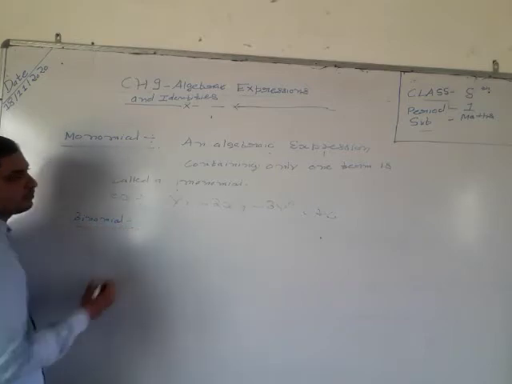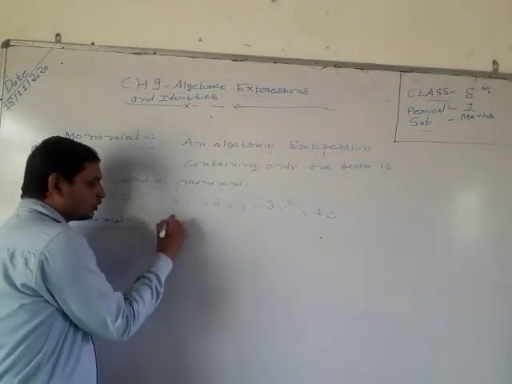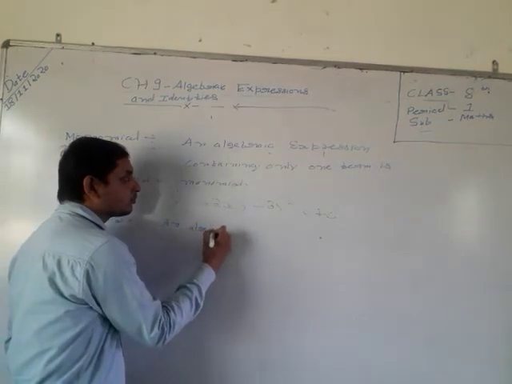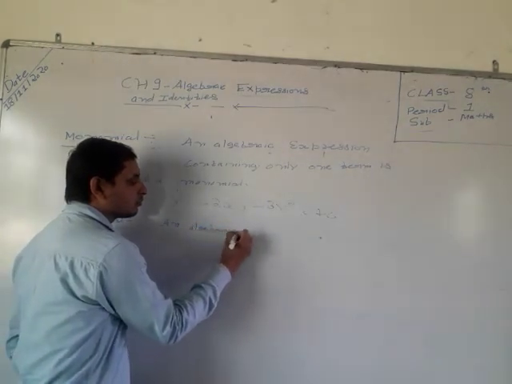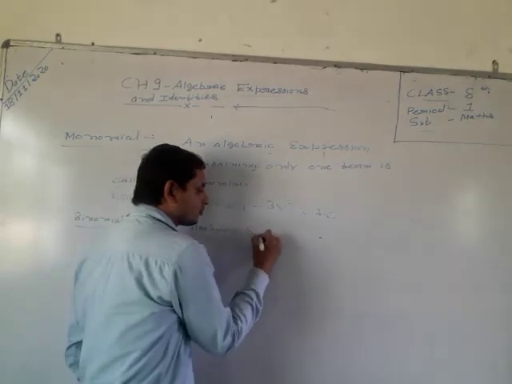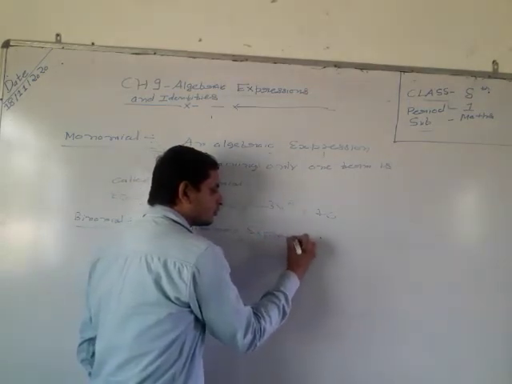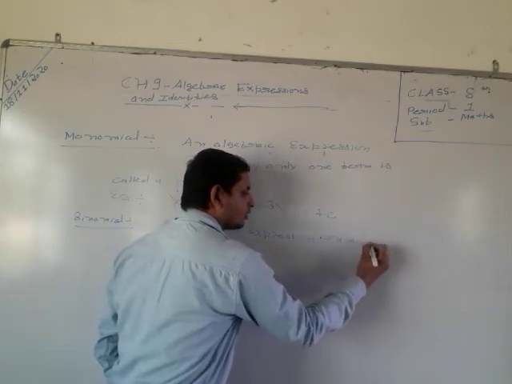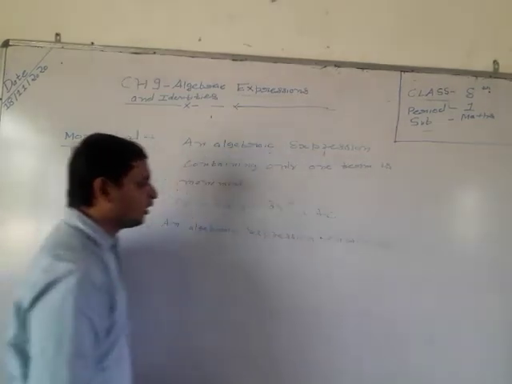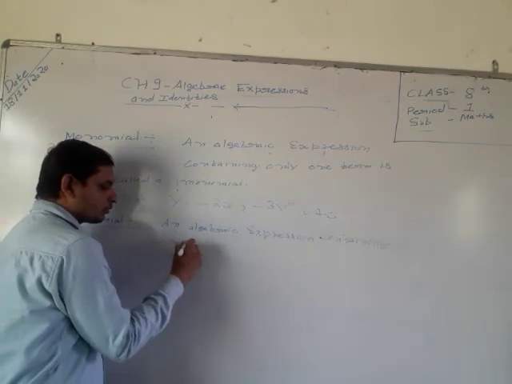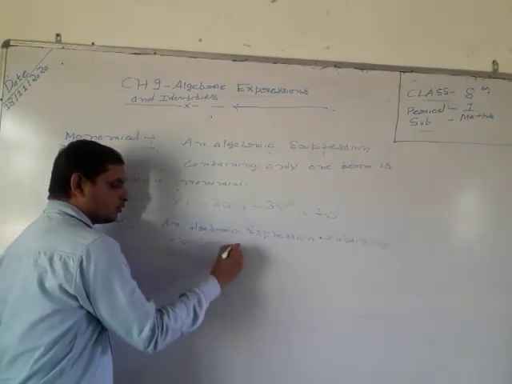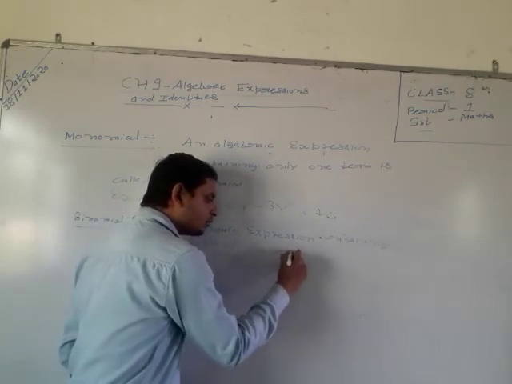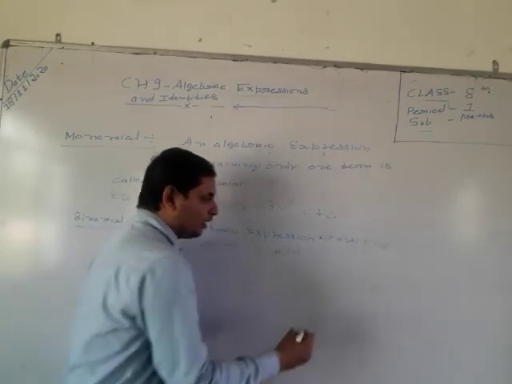The second thing is binomial. What is a binomial? Similarly we can say that an algebraic expression containing two terms is called a binomial.